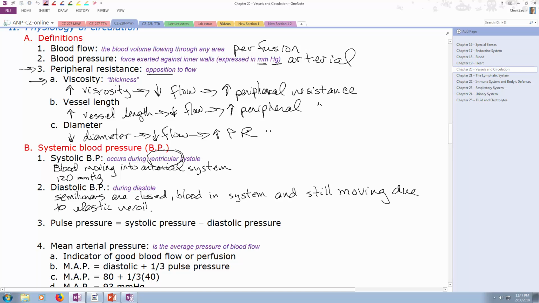Average American diastolic blood pressure that's still considered to be healthy is 80 millimeters of mercury.